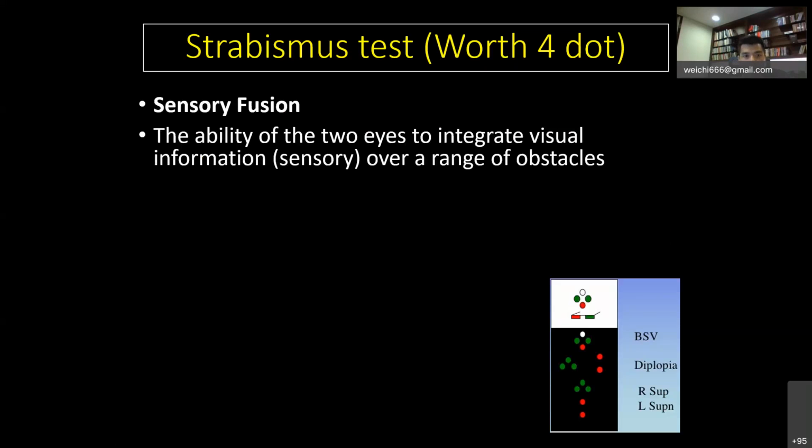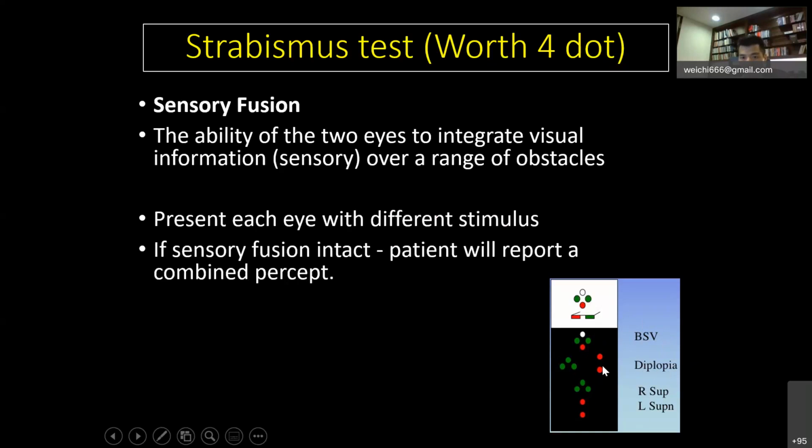And also with Worth's 4 dot, you could also check if a patient has fusion. Normally, I say that you should be able to see 4 dots, but if a patient has strabismus causing diplopia, you will see 5 dots, because with your right eye you see the 2 red dots, and the left eye you see 3 green dots without fusion together.